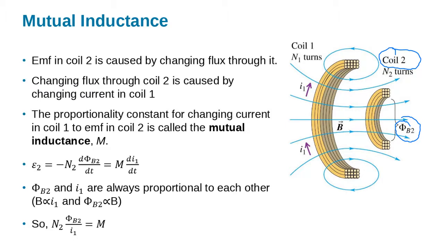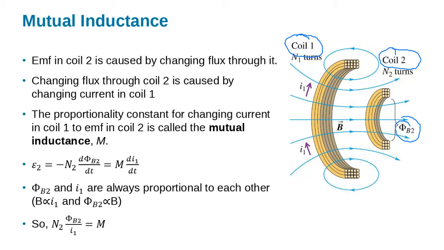But if that flux is being caused by current in another coil, so this isn't a permanent magnet or anything, then the only flux going through that second coil is caused by current in coil 1. So any change in flux in coil 2 is caused by a change in current in coil 1.